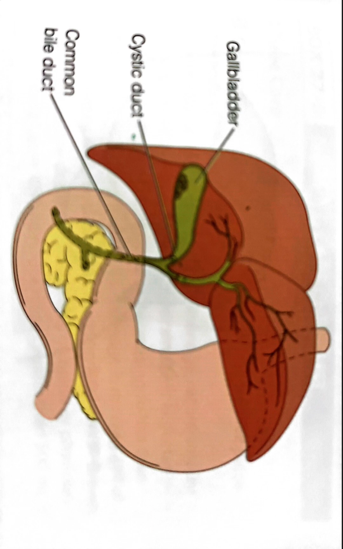I also have cholecystectomy, where we remove the gallbladder through the right upper quadrant incision. Sometimes after this is done, a T-tube can be placed, and we need to know our nursing responsibilities for this T-tube.